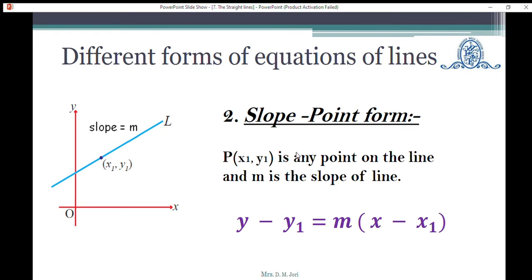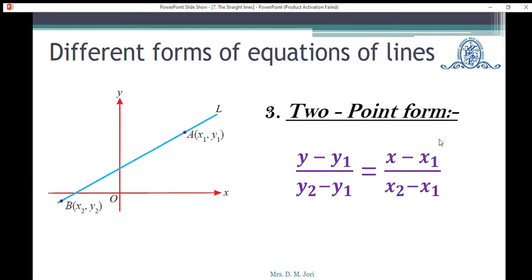The equation of slope point form is y minus y1 equal to m into x minus x1. Again, x comma y is that minimum fixed point. Other than that, x1 y1 is known and slope is known. Then by using this slope point form formula, we can find equation of line L.